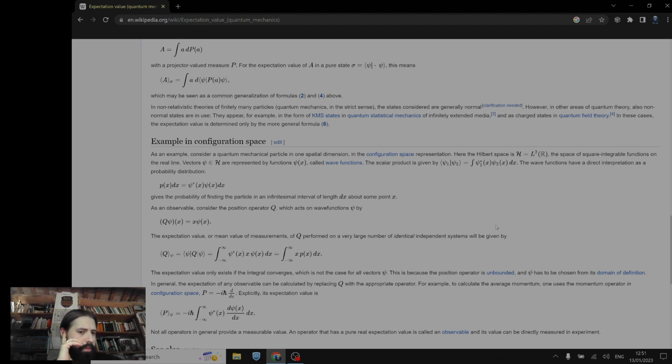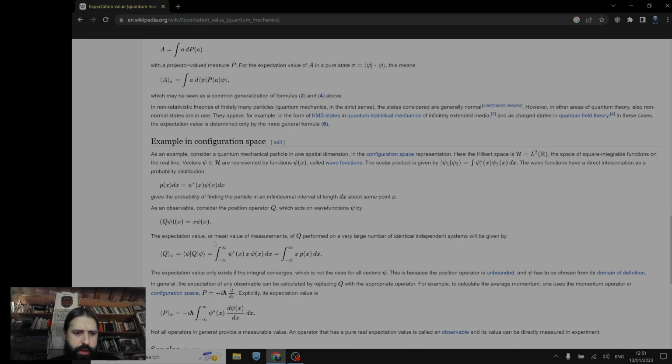Okay, it could be that it's as simple as that. It's a probability of finding the particle in an infinitesimal interval of length. As an observable, consider the position operator Q, which acts on wave functions.